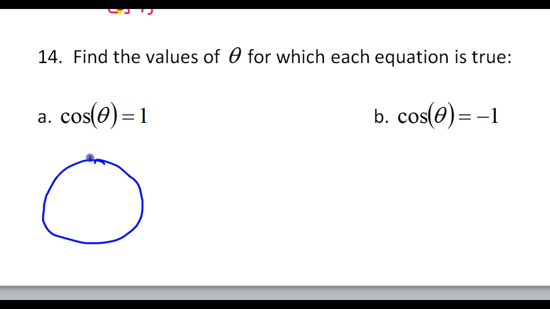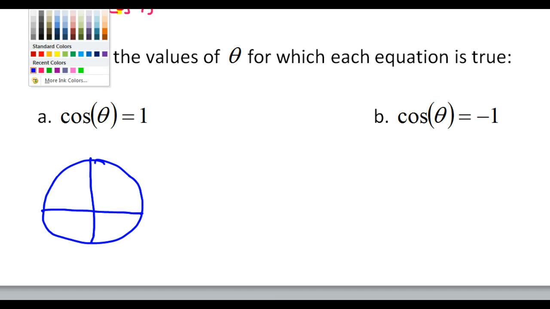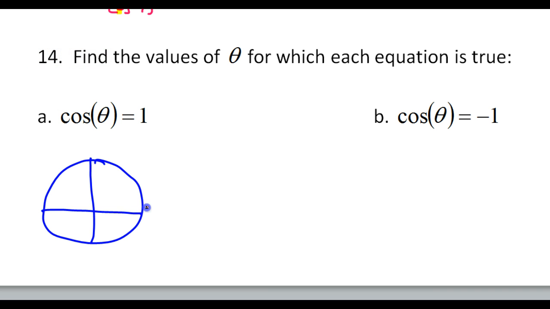So let's remember the unit circle and how it works. Like I just said a moment ago, the coordinates are 1 comma 0, 0 comma 1, negative 1 comma 0, and 0 comma negative 1. Cosine is an x value on the unit circle. So that's a cosine, that's a cosine, that's a cosine, and that is a cosine.